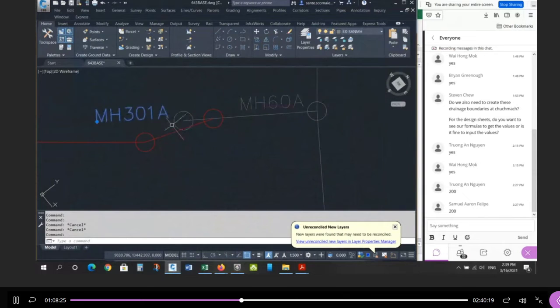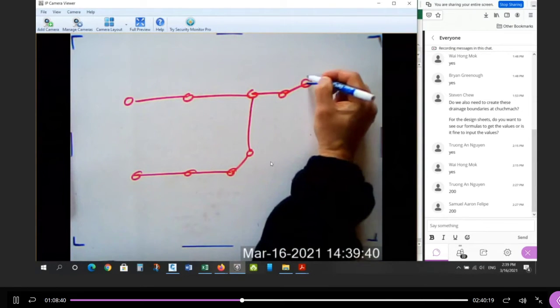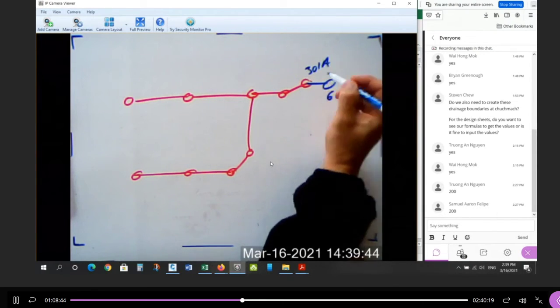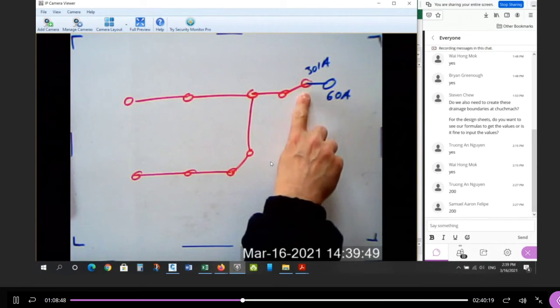I'm going to use the same number so that I have an existing number describing this pipe, albeit it's going to be a little bit short. So 301A. Okay, so this one is 301A. Even though it's a proposed new location, I'm going to use the same number, 301A. Okay, so those two are fixed. So if you move that one, just keep the same name.